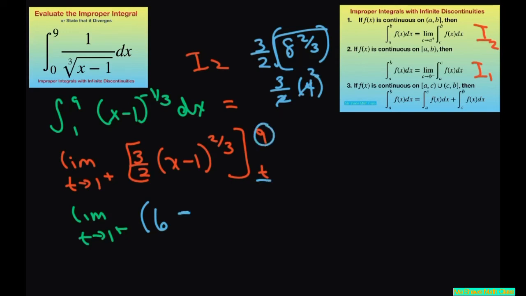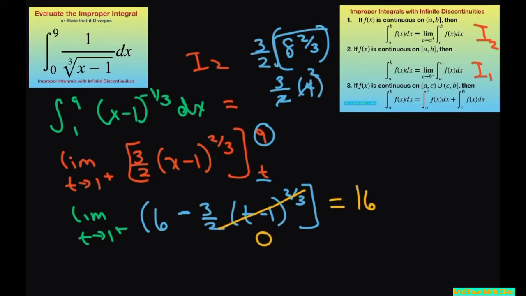Now let's do the t part. 3/2 times t minus 1 to the 2/3 power. Now this part here is just going to go to 0. So this is going to equal 6. That's integral 2.